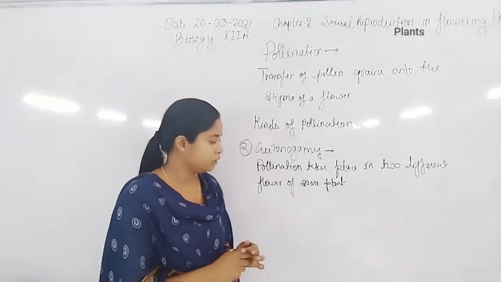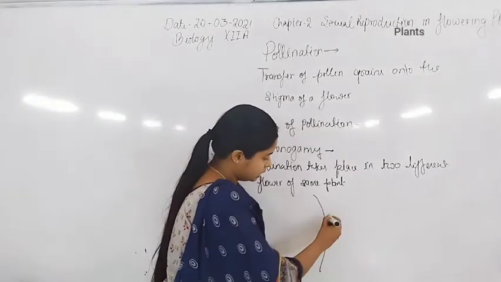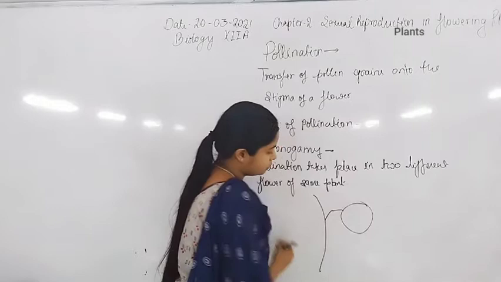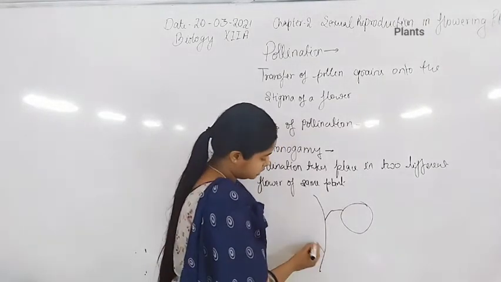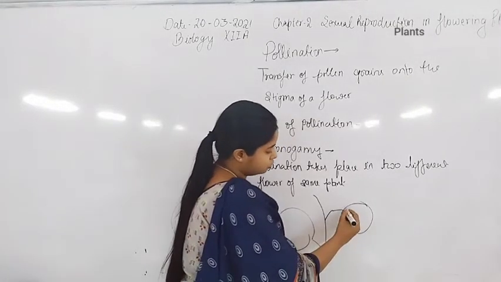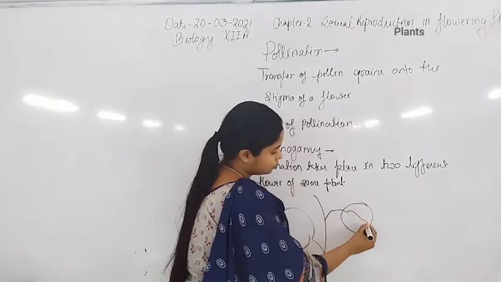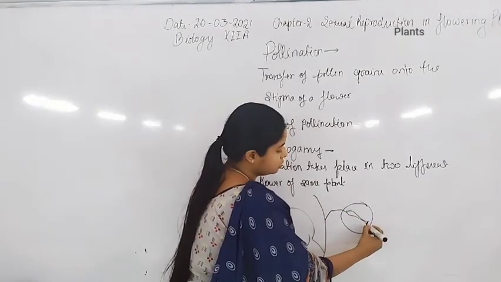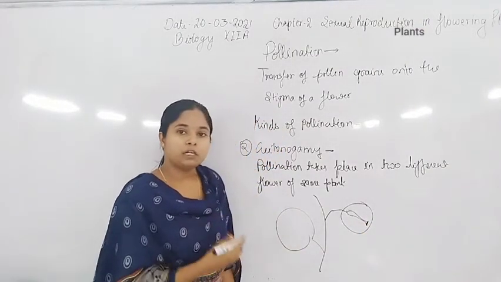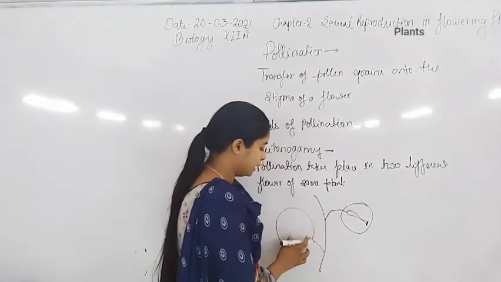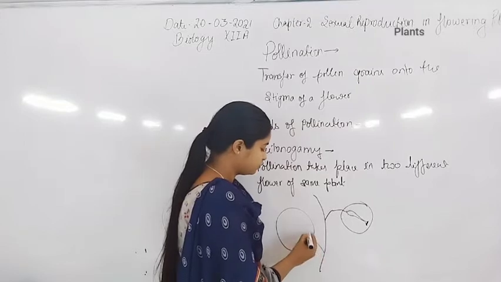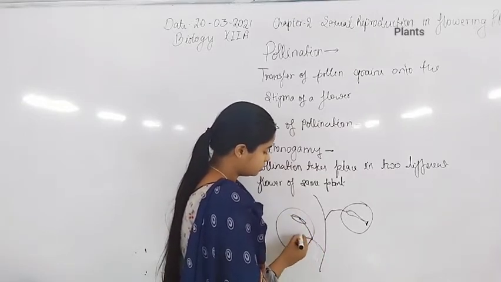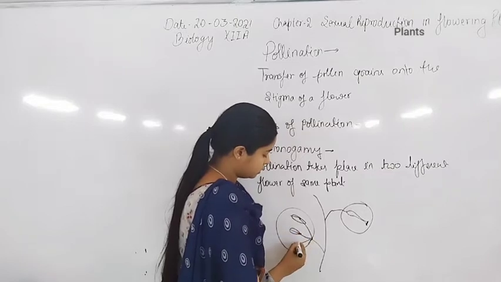So what will happen here, we understand with the diagram. Here is one flower and here is a second flower. One flower has the stigma, that is the female reproductive part, or style, pistil, and the second flower has the pollen grain on the anther.